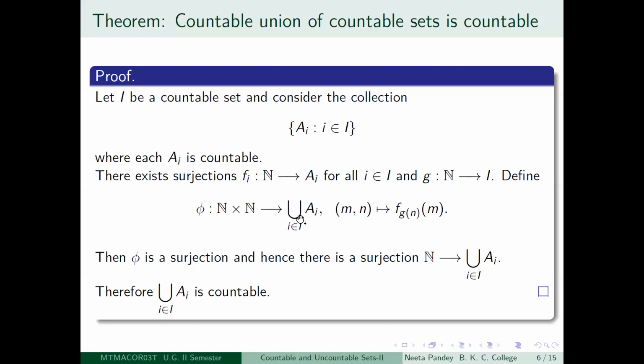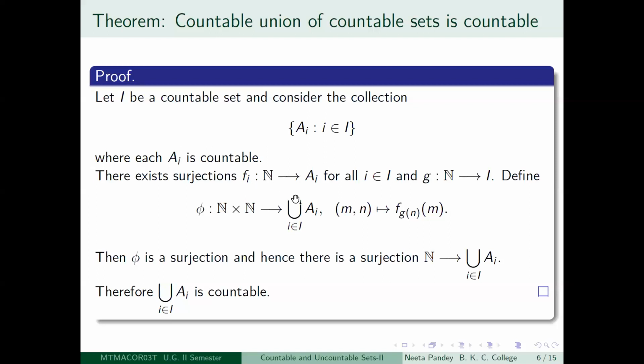So let us go over it again more slowly. Suppose I take any element here, little a, then it will belong to at least one Ai. So you look at that particular index i, then that belongs to capital I. So there will be a little n here such that Gn is equal to little i, because G is surjective. So now you look at f of Gn, this mapping, so that is just fi.